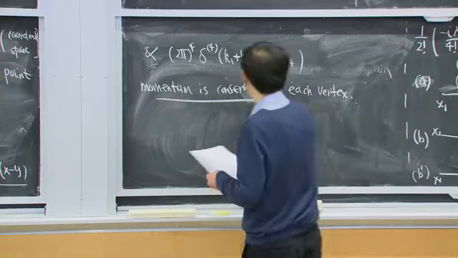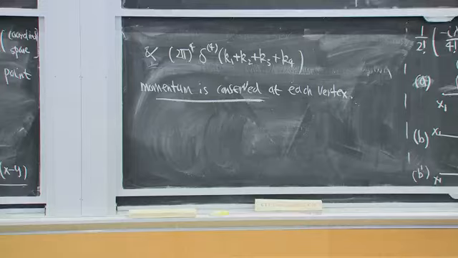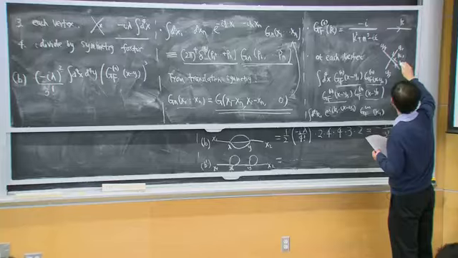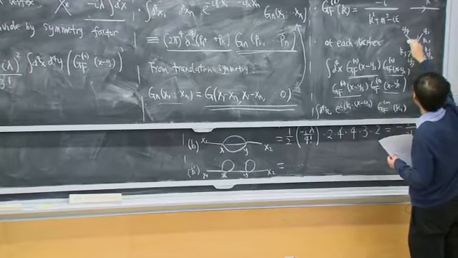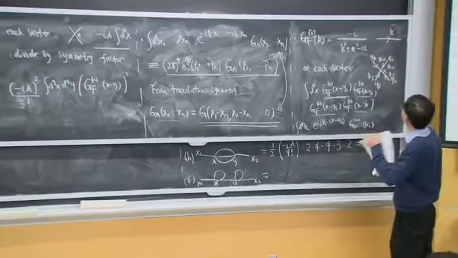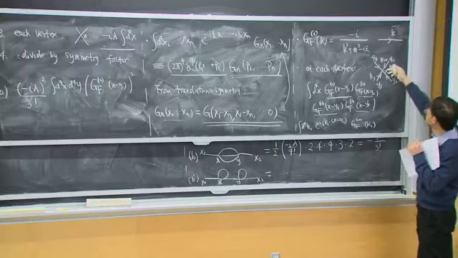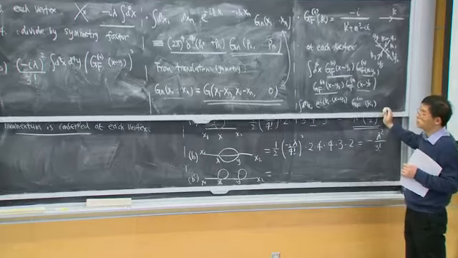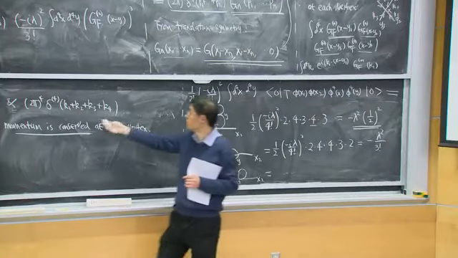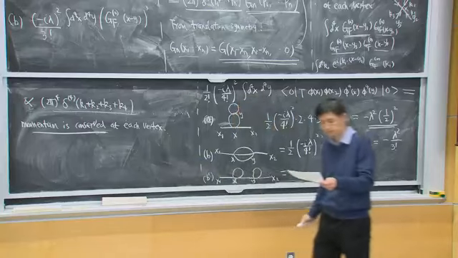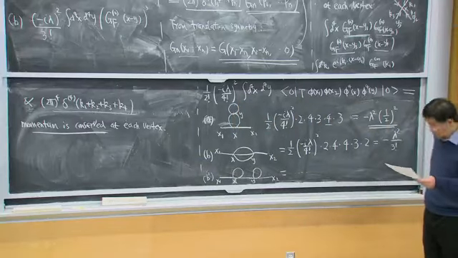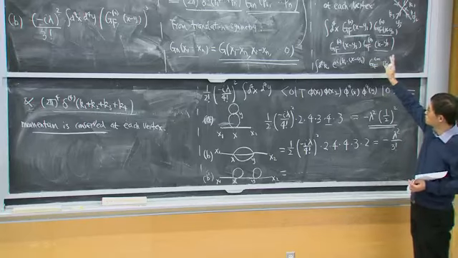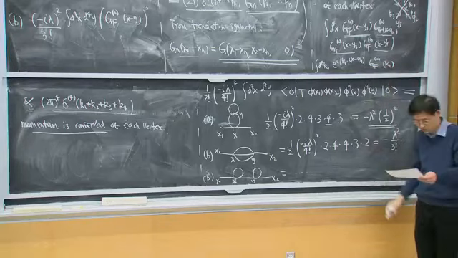If I draw, say, k1 here, k2, k3, I use the same convention for all of them. It doesn't matter whether you draw it outgoing or ingoing, but we draw the same convention for all of them, and then they should be proportional to a factor of this. And here it doesn't matter what y1, y2, y3, y4 are. They can either be some external point or some other internal point.